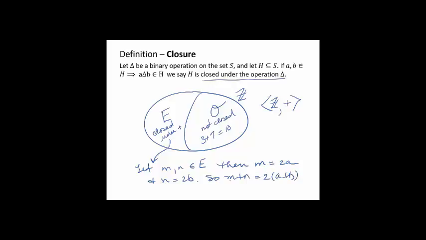In other words, M plus N is 2 times a number, which means M plus N is in E. So this would be a proof that E is closed. You have to prove it in general. If you want to show something is not true, one example would be just fine.